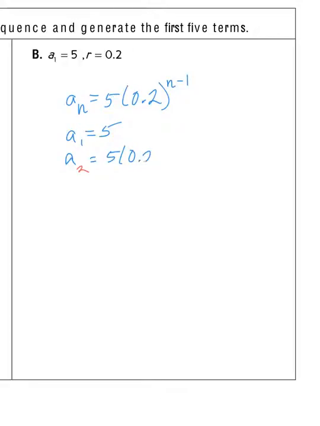All right, so then we have 2 minus 1, and so that equals 1.0. And then a sub 3 is equal to 5 times 0.2 to the 3 minus 1, which equals 0.2.